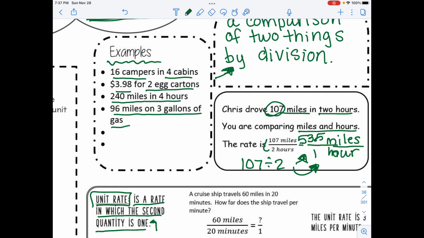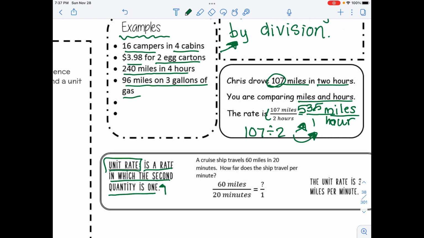And then $3.98 for 2 egg cartons. So how much money for each egg carton, or 1 egg carton? 240 miles in 4 hours. Well, how many miles per hour? And then 96 miles on 3 gallons of gas. Well, how many miles per gallon of gas?